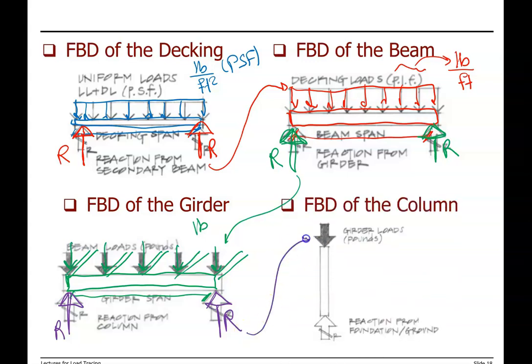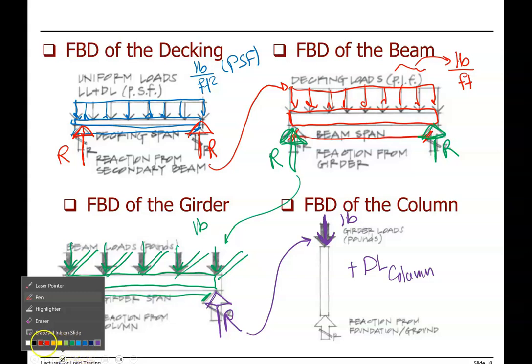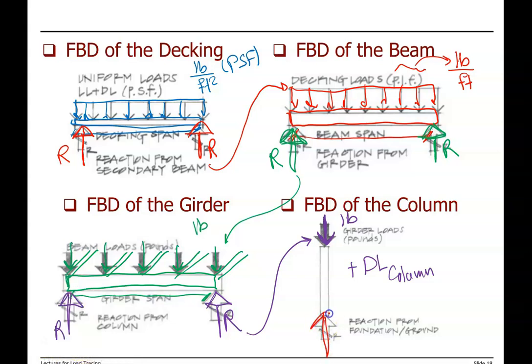So this is the load transferred to the column. This is in pounds. If we have the dead load of the column, we can add that to the load transferred to the column, and we can have our final ground reaction.